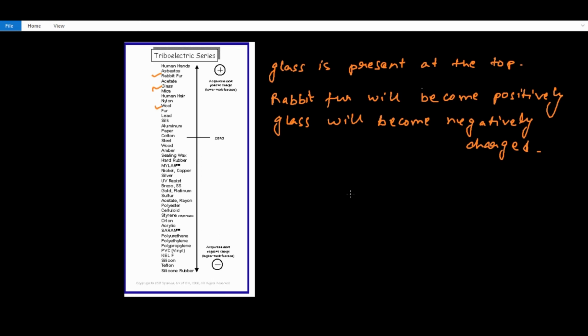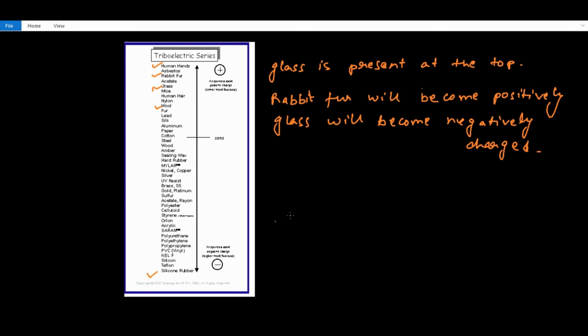If you look at the entire triboelectric series, then you can find some really good combinations for producing charge. For example, if I take human hands and silicone rubber, the greater the separation between two items in the triboelectric series, the greater the charge. Human hands are present at the top of the triboelectric series and silicone rubber is present at the bottom.